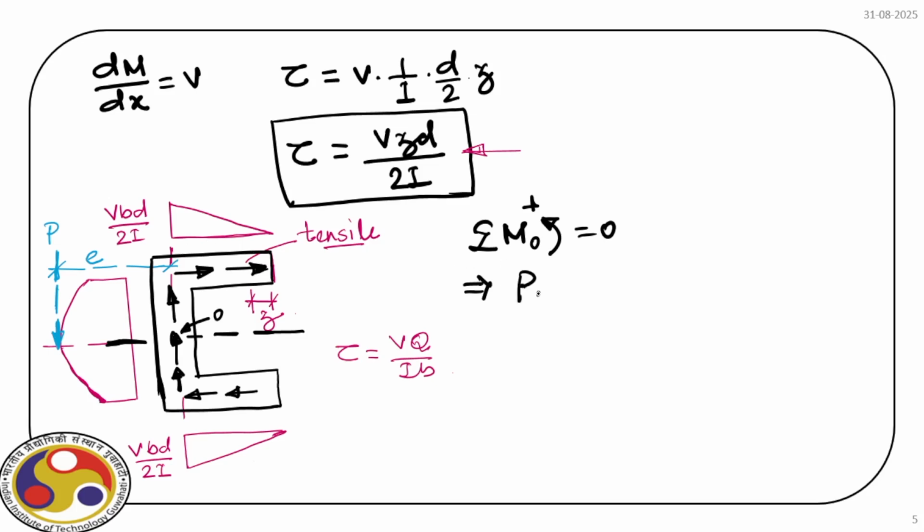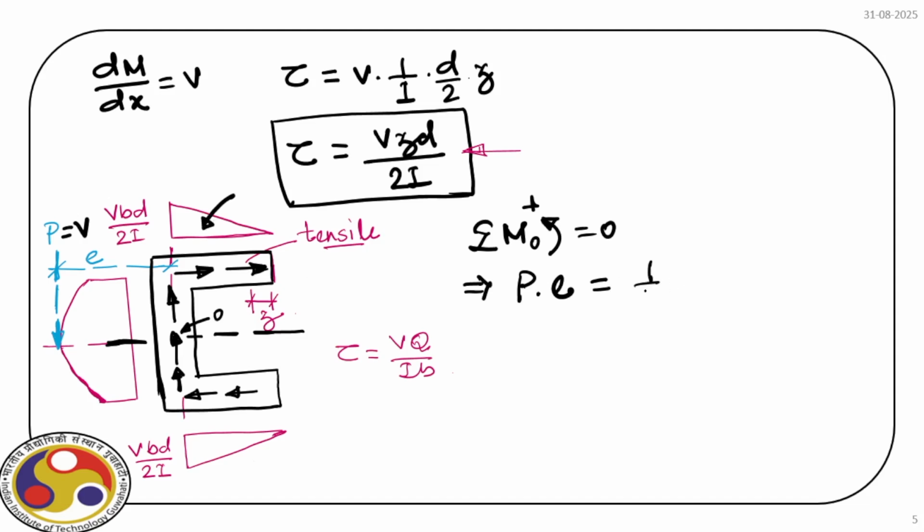So P times E is the moment caused by this force, and obviously P is nothing but our shear force V. We'll put that in a minute. And then this is equal to, we have the shear force acting in the flange. So for that, we can find out the area under this triangle.